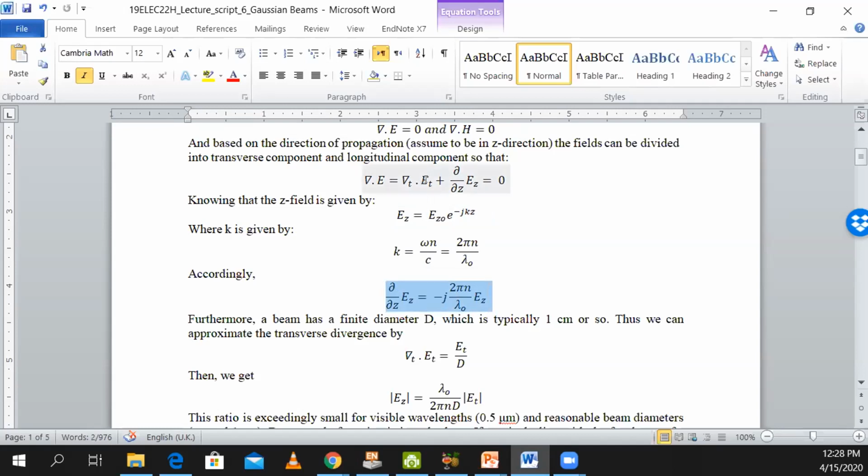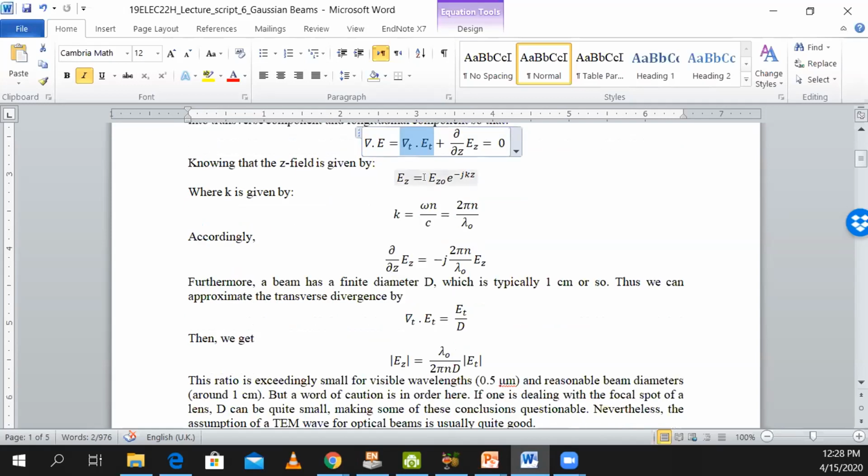Now let's turn to this element, the divergence, the div transverse times E transverse. We need to understand this. In order to make life easy, here we use a not so widely known mathematical approximation.